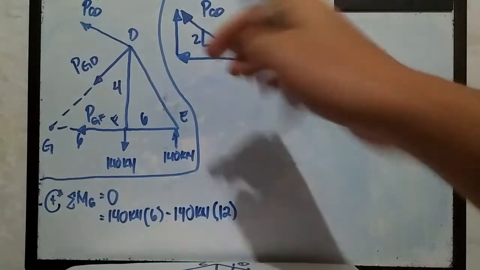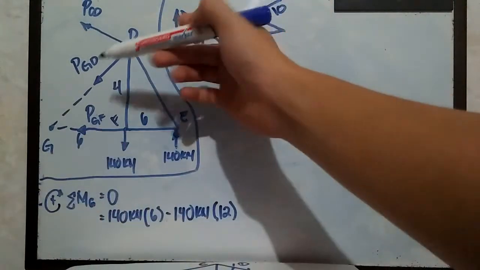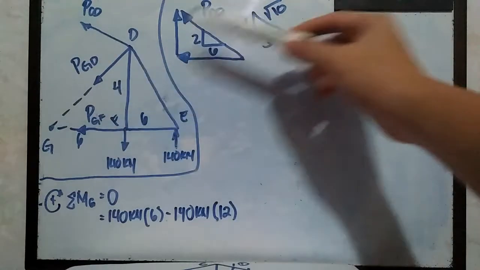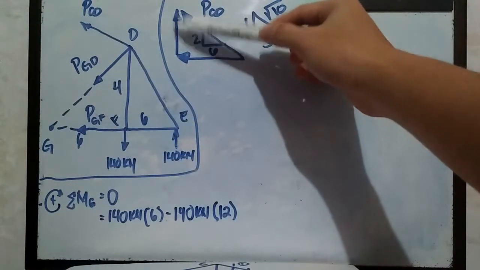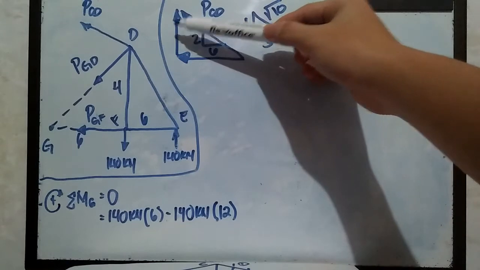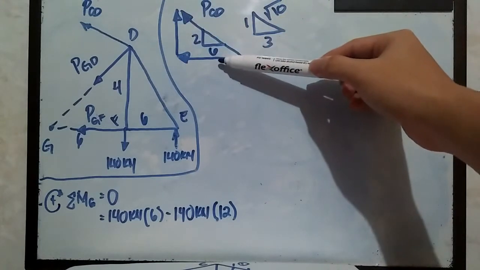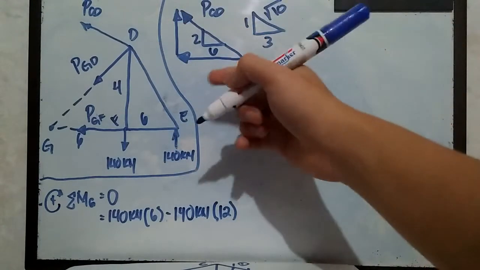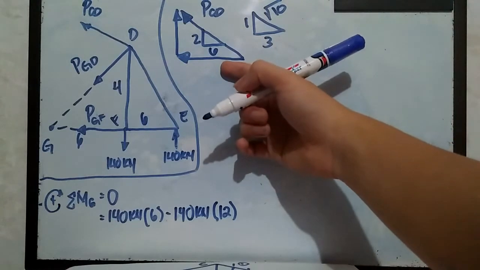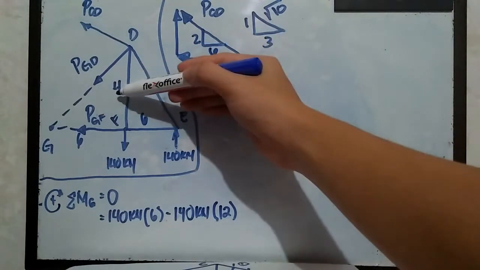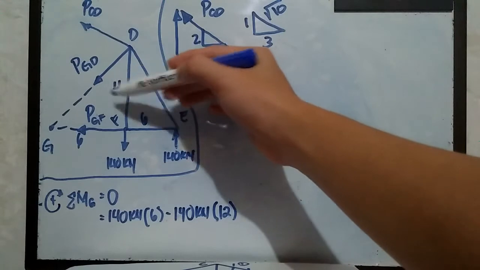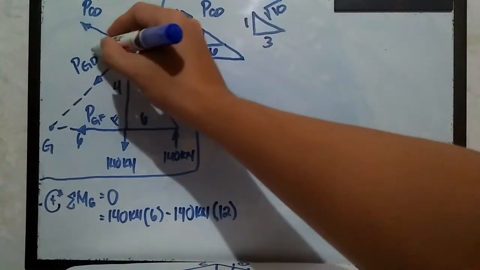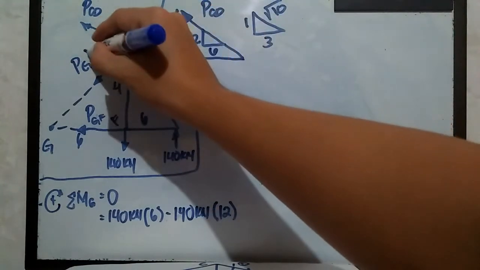Okay. So what would be the forces that would tend to rotate the structure? We have both y and x components. Let's start with the x component. The perpendicular distance would be this 4 meters because this one is the x component.